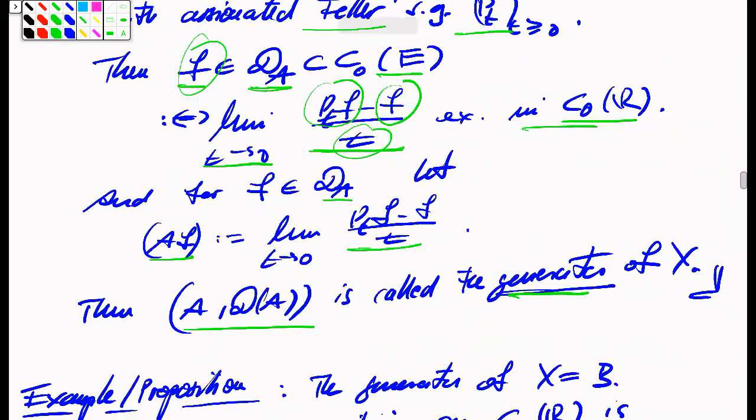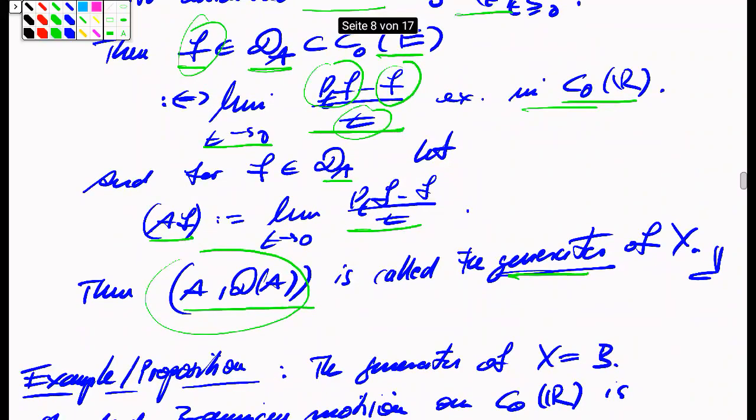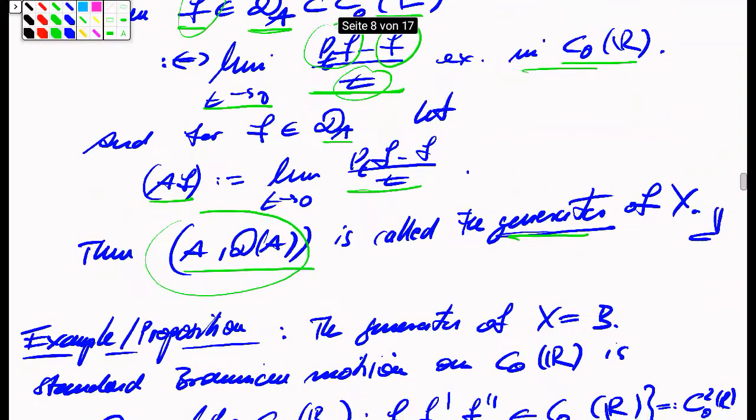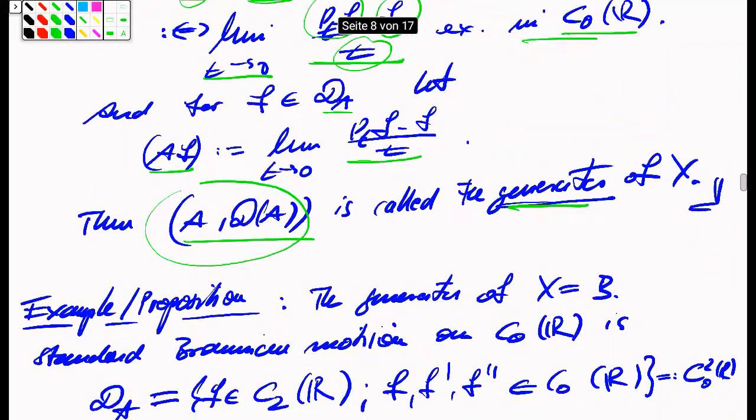And in a way, we do not need anything else except this analytical information in order to describe the process. Okay, we shall further down below explain why this generator is so important.